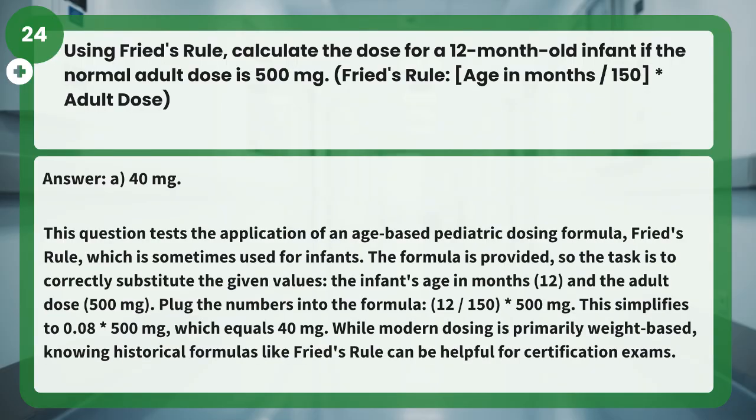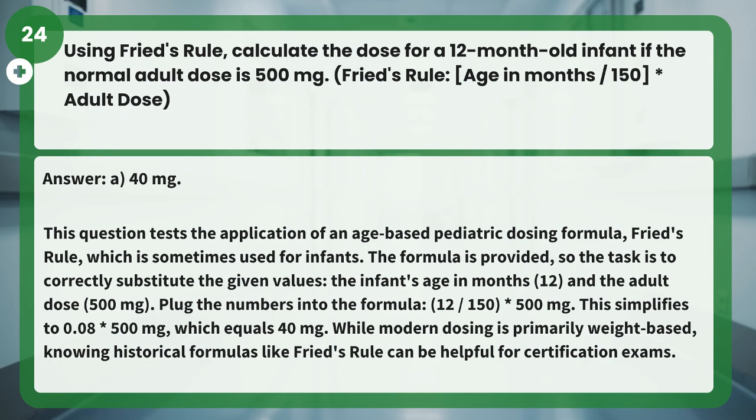Answer: A. 40 mg. This question tests the application of an age-based pediatric dosing formula, Fried's rule, which is sometimes used for infants. The formula is provided, so the task is to correctly substitute the given values, the infant's age in months, 12, and the adult dose, 500 mg.